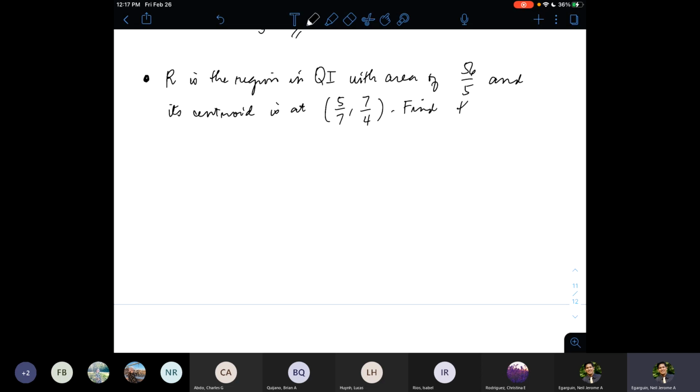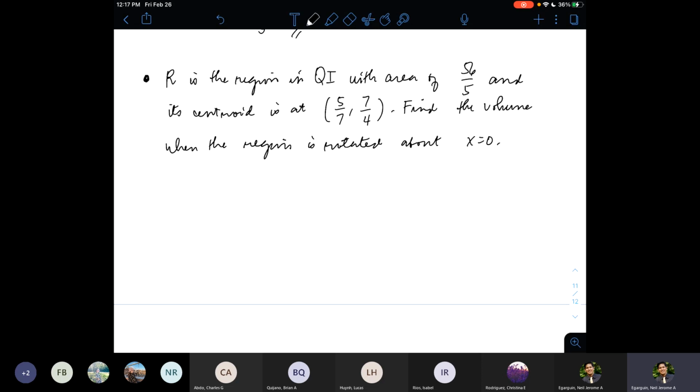Find the volume when the region is rotated about x equals 0.